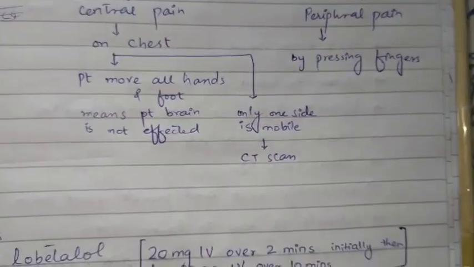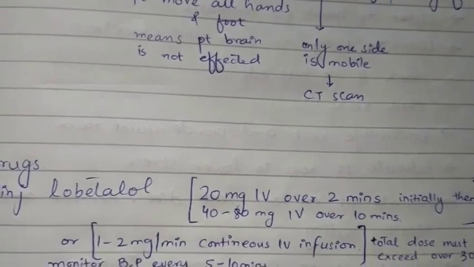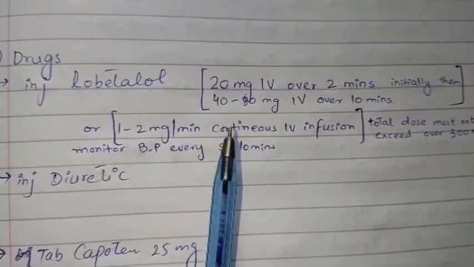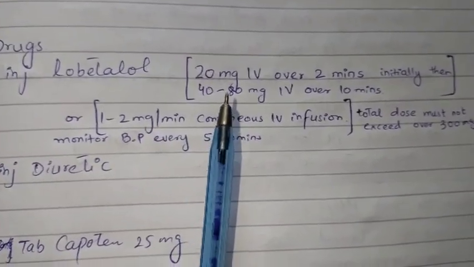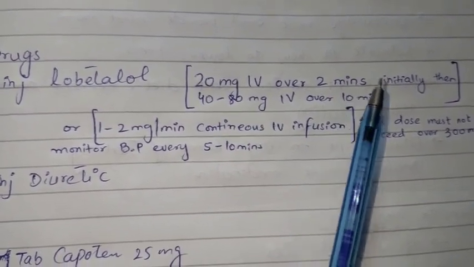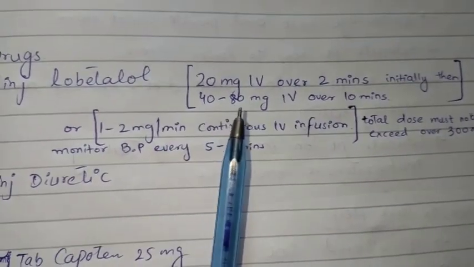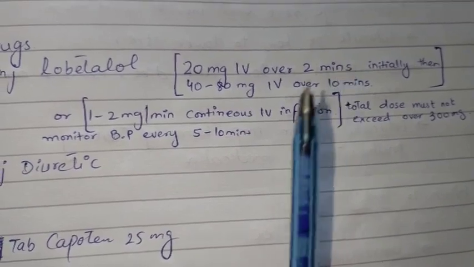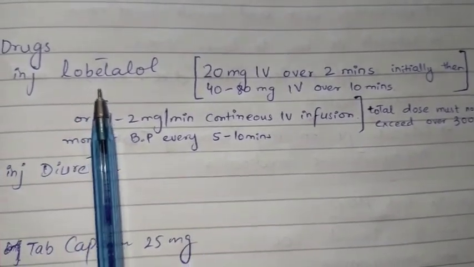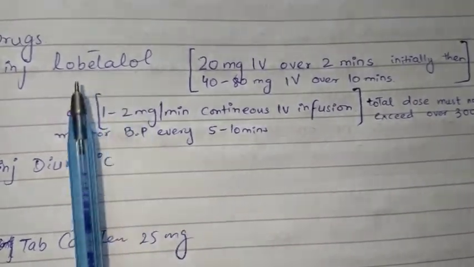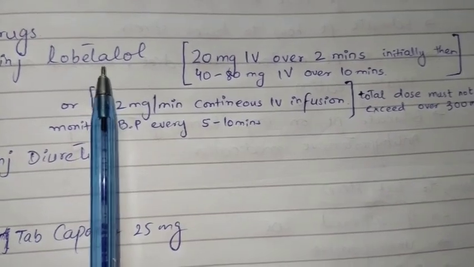Now if the blood pressure is very high, you can give labetalol injection. Labetalol is given 20 mg IV over 2 minutes initially, and then 40 to 80 mg IV over 10 minutes. Remember one thing: labetalol is not given in diluted form, it is given in pure form.